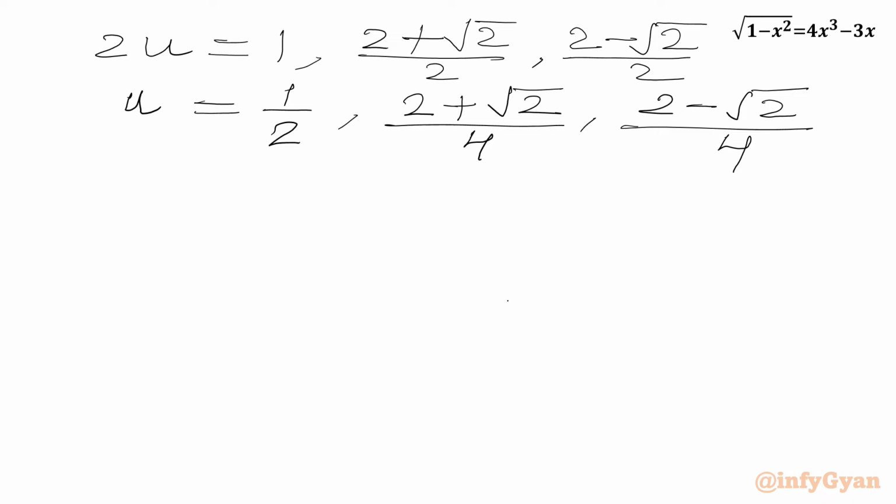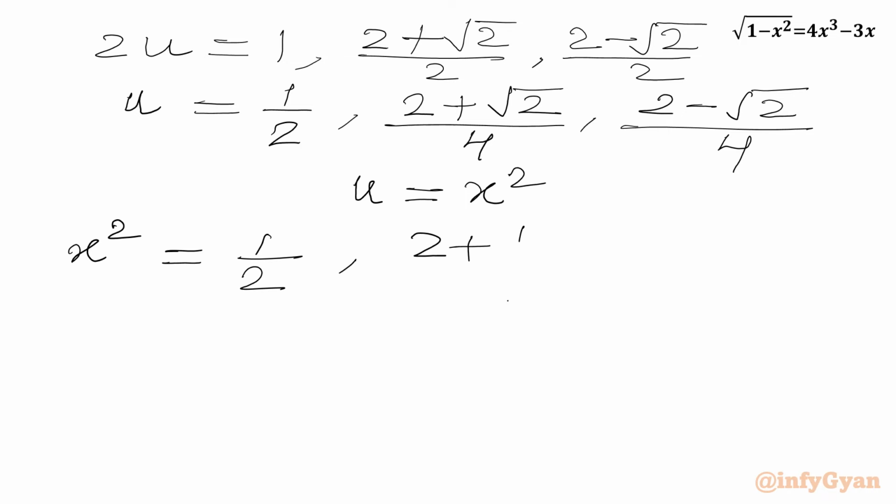Now u was also our substitution. X square was u. So in place of u, we can write x square. I will write x square is equal to 1 over 2, 2 plus root 2 over 4, 2 minus root 2 over 4. Now we will consider the square root on both sides.